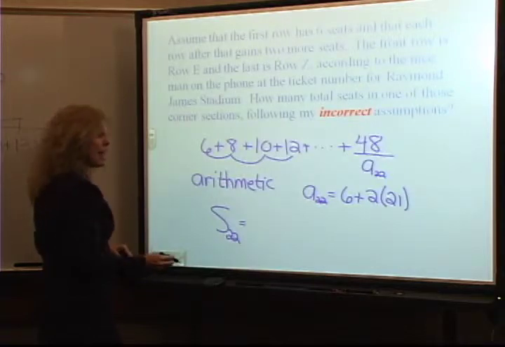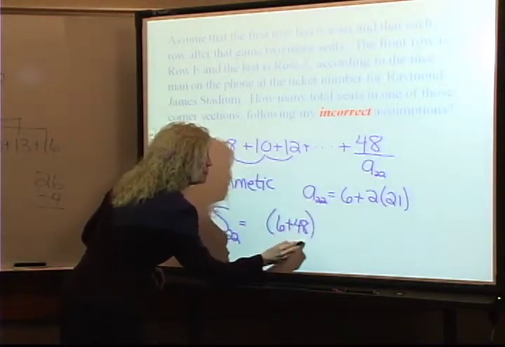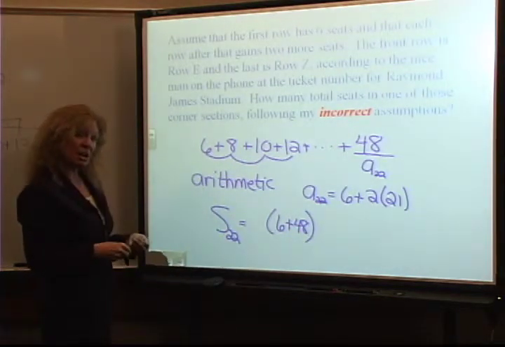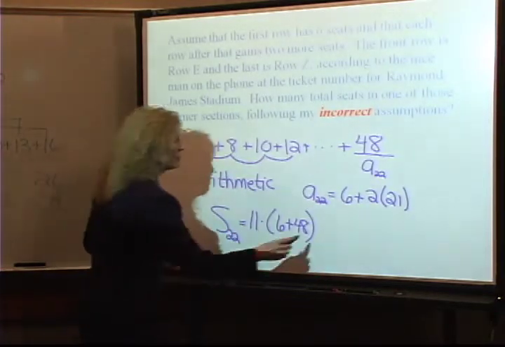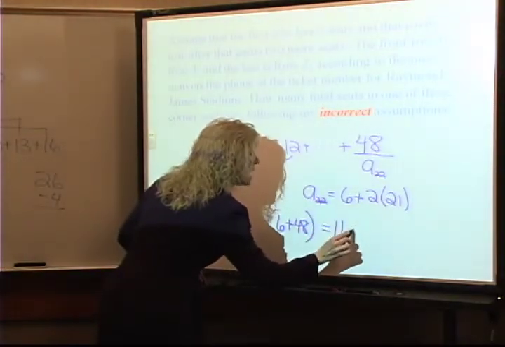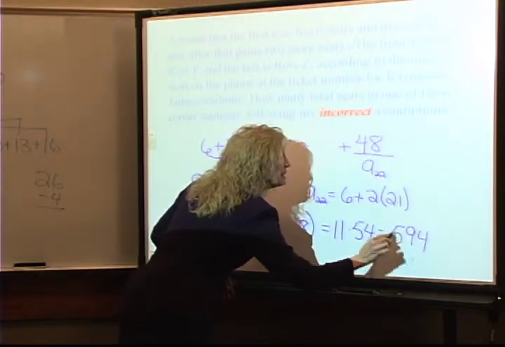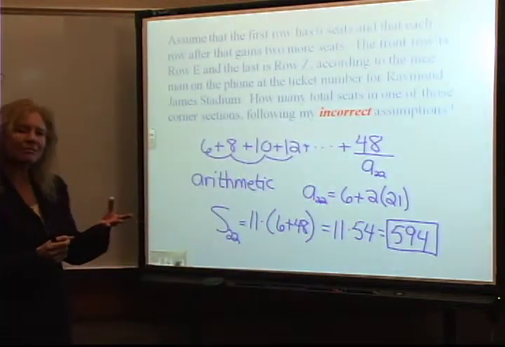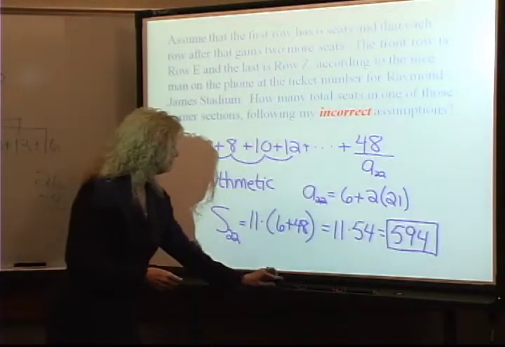I would get 6 plus 48, and I'm multiplying that times how many pairs I have, which is 11. That would be 11 times 54, which should be 594 seats. If they didn't have to take out seats for the tunnels and everything, we'd have 594 seats in that section. Okay.